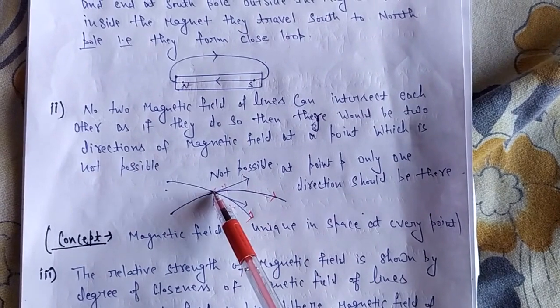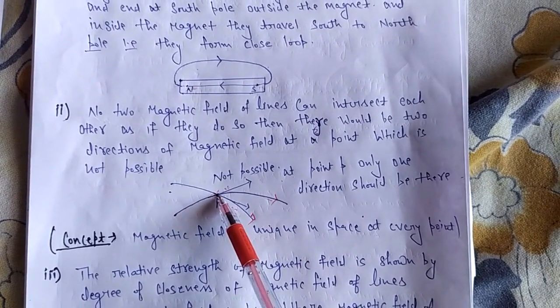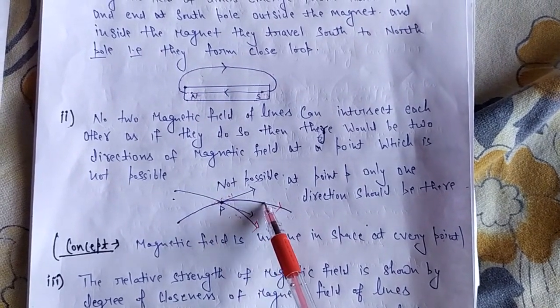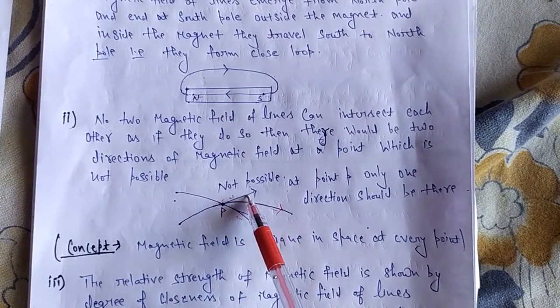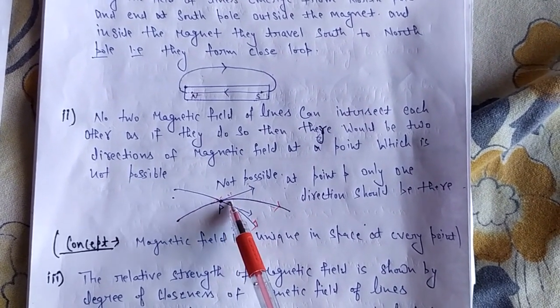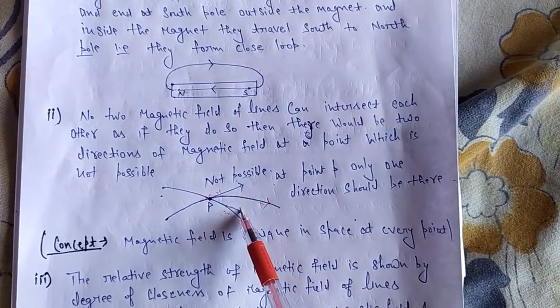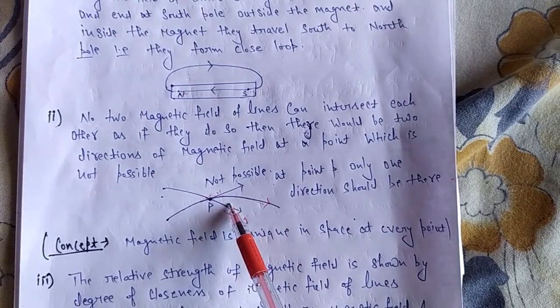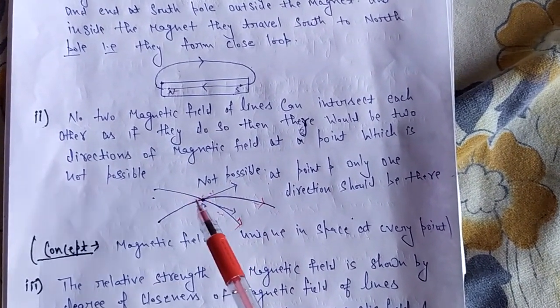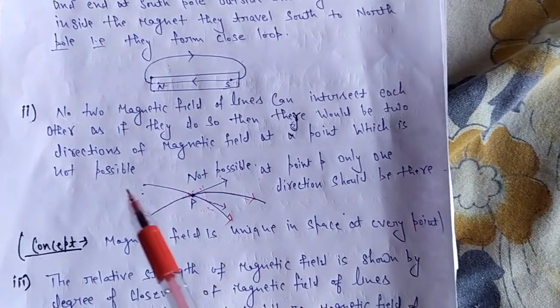What does it mean? If you place a magnetic needle at point P, due to this line the needle would go like this, and due to the other magnetic field line the needle should go like this, but the needle goes in only one direction. So it is not possible that at any point in space two magnetic field lines intersect.